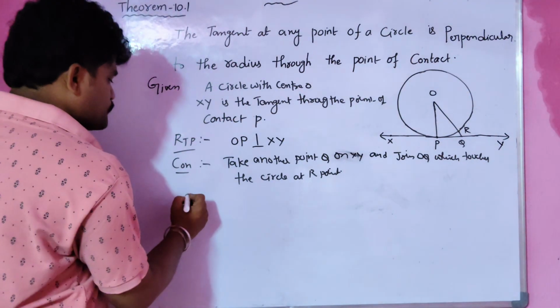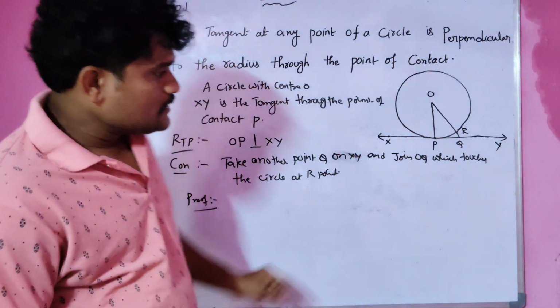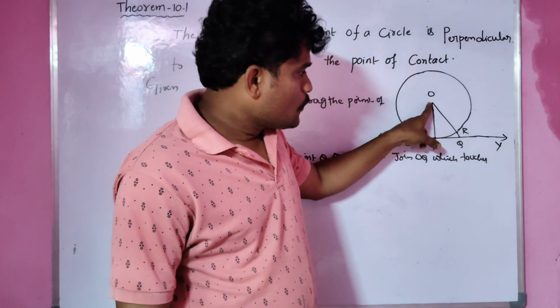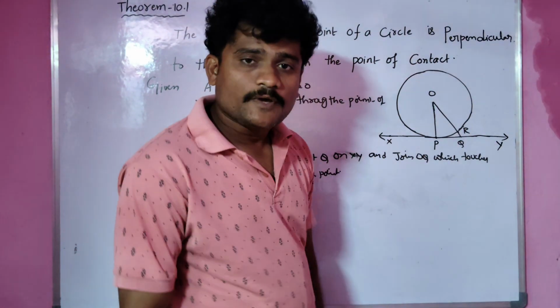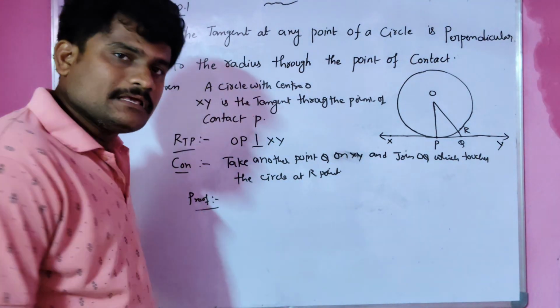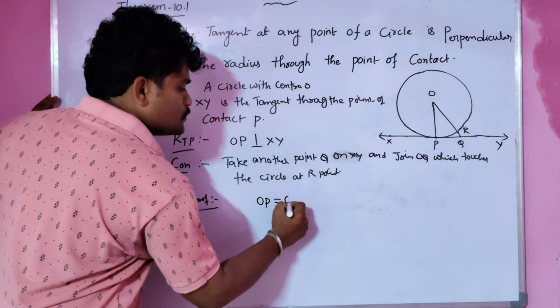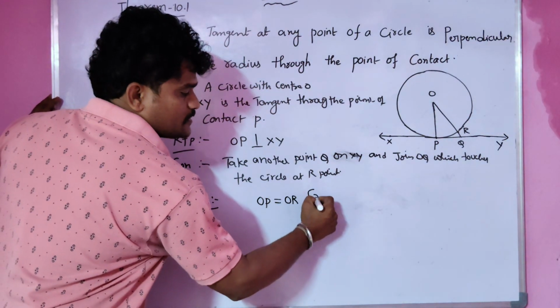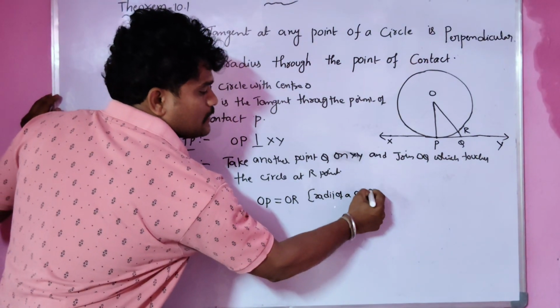Now I'll go for the proof. It is very simple, with very few steps. Looking at this figure, OP is the radius and OR is also a radius, and we know that radii of the same circle are equal. I'll start with OP equals OR, because these are radii of a circle.